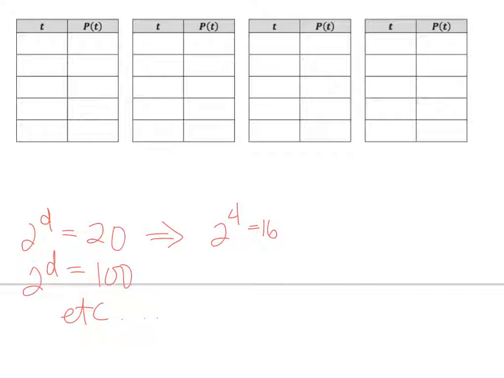And then 2 to the 5th power is 32. So I'd be squeezing in between these two numbers. I'm not going to do it, but we could continue to repeat the process and eventually squeeze the solution to the right time, to the right days.